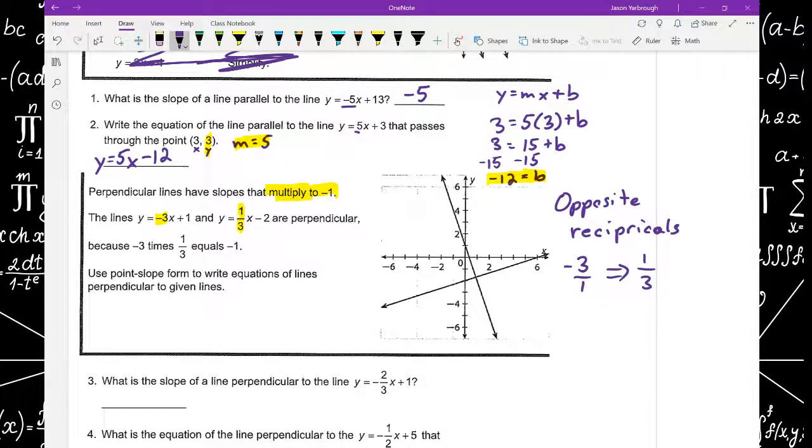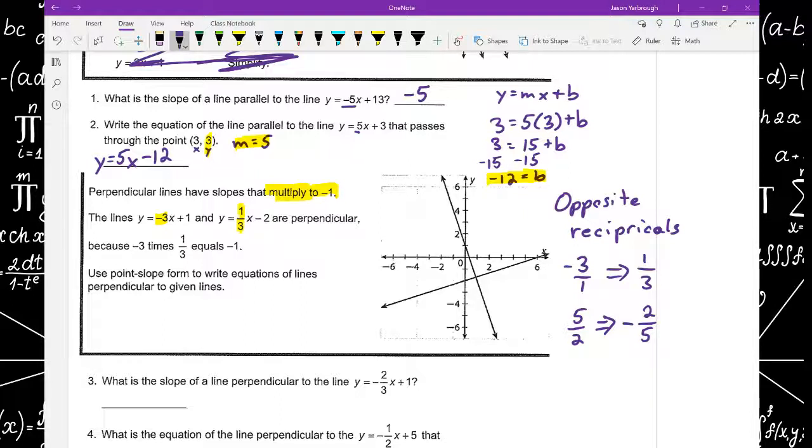Now, we also can do it with different numbers. You don't have to have that one. Let's say we do 5/2. So this is a positive 5/2. The negative reciprocal or opposite reciprocal, since it's already positive, now becomes a negative. The 2 goes to the top and the 5 goes to the bottom. So there's your opposite reciprocal there. We're going to do one more.